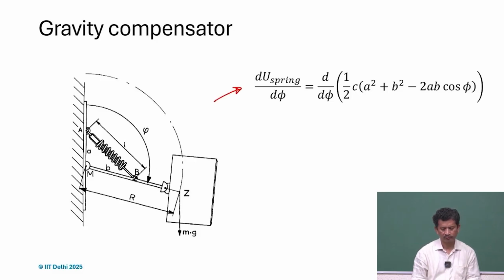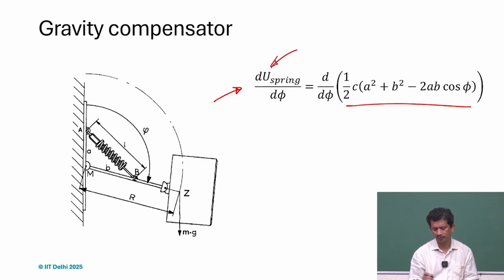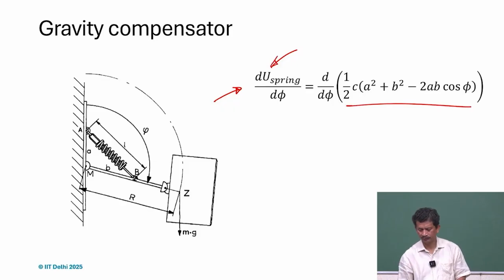If we write dU spring by d phi, with respect to the orientation phi, we can simply substitute the potential energy stored in the spring: half C and L square, which is A square plus B square minus 2AB cos phi.